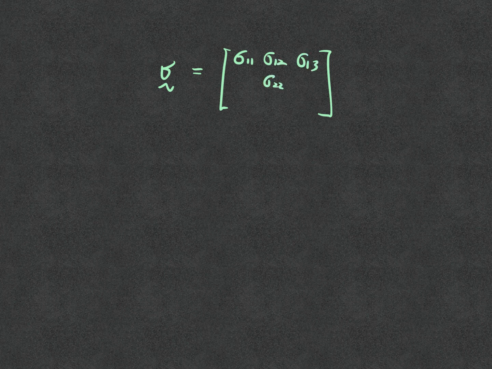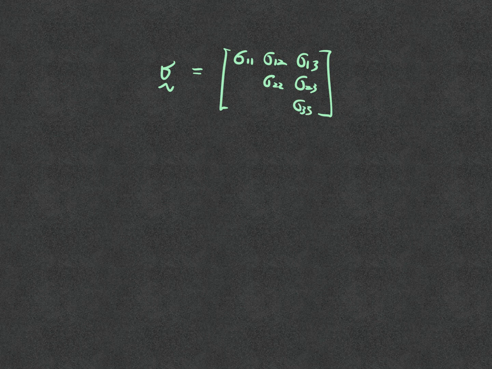So let's say I have a stress. Typically we write the stress as a symmetric tensor. Now we can write sigma 1 1, sigma 1 2, sigma 1 3, sigma 2 2, sigma 2 3, sigma 3 3.